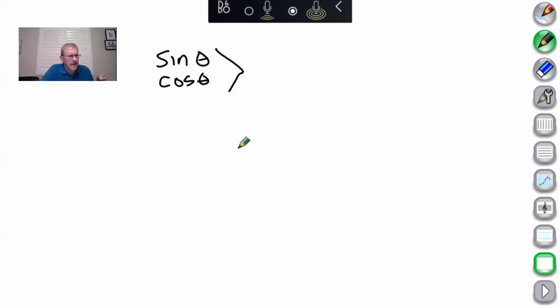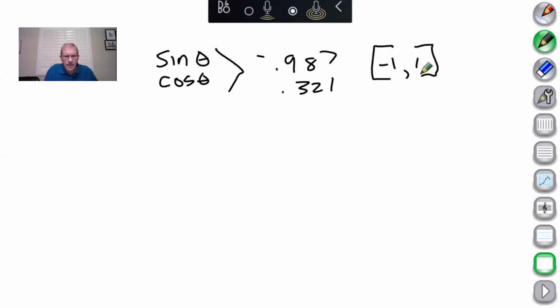They could be 0.99999 or something like that, but that's as high as they can go. They're going to be a decimal with no number in front, like 0.987 or 0.321. They could also be negative. So from -1 to 1, they're going to be in that category.